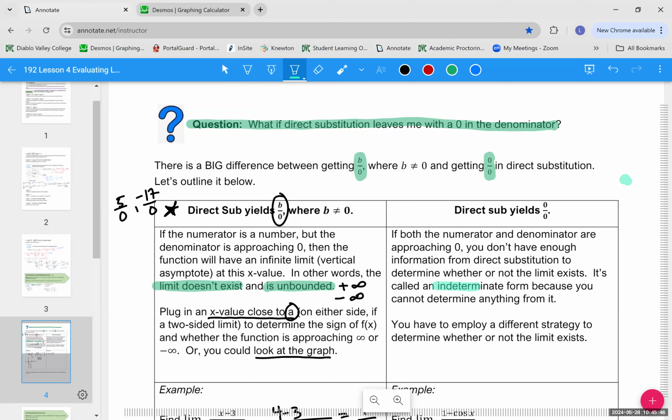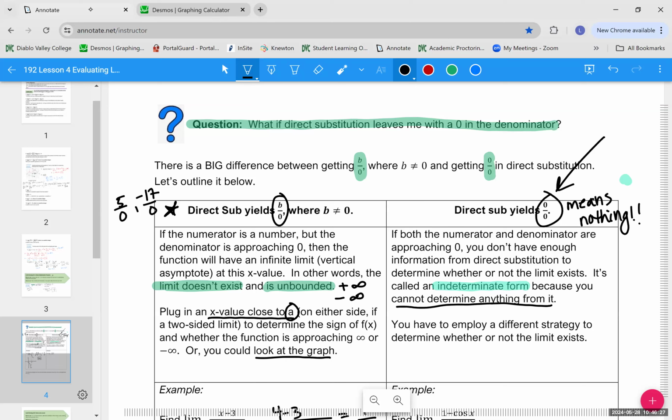This is what we call an indeterminate form, and what that means is you don't know anything. You cannot make a conclusion. The limit may exist. It may not. 0 over 0 means nothing. It means you don't know anything and you have to try something else. We're going to get a whole bunch of other strategies, things to try, and you try them when you've got 0 over 0.